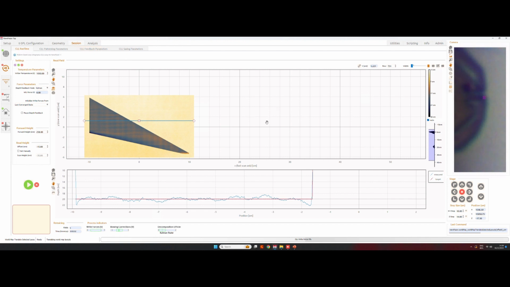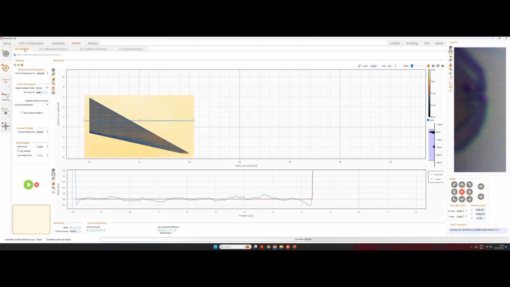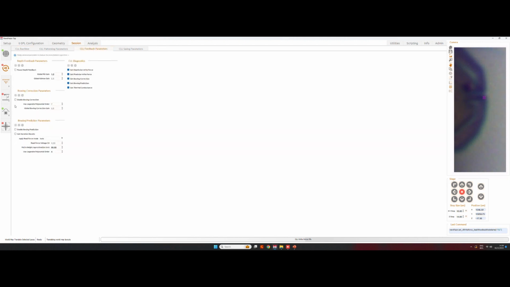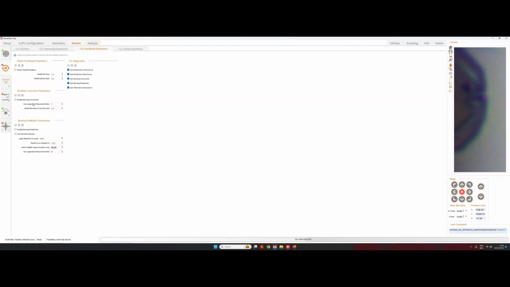First of all, we need to also keep in mind that the bowing correction can only be applied when using Kalman Feedback Mode. So we can see here that we have the bowing correction that's crossed. We can decide to apply it or not. But if we choose, for example, PID mode of feedback, we cannot turn on the bowing correction, and similarly if we have feedback disabled.